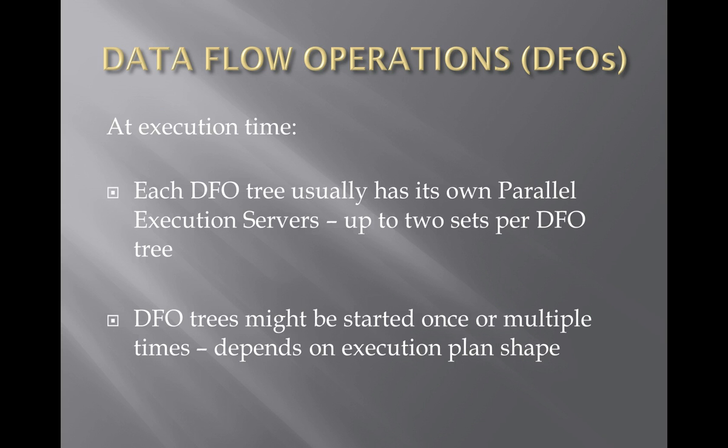Because usually one says that if you have a degree of 8, then you have this rule of thumb that you at most will have 16 parallel execution servers active due to these 2 sets that will be allocated. But with multiple DFO trees, you can actually end up with many more parallel execution servers. Because each DFO tree usually gets its own parallel execution servers allocated.